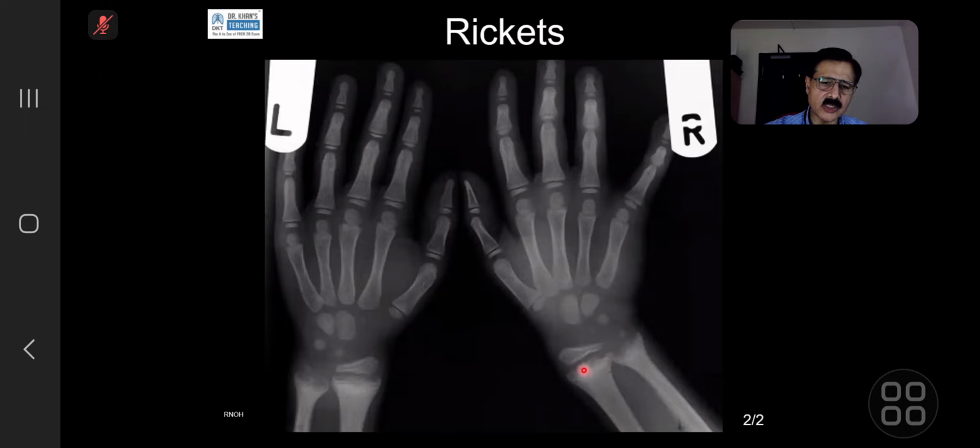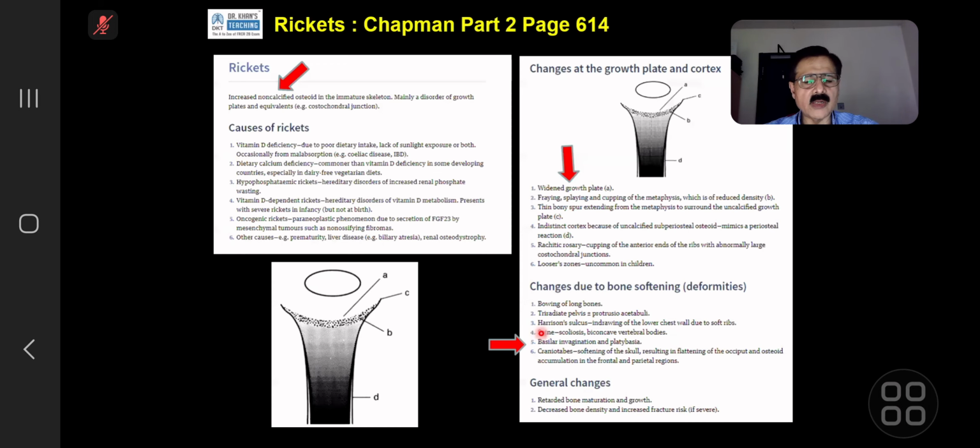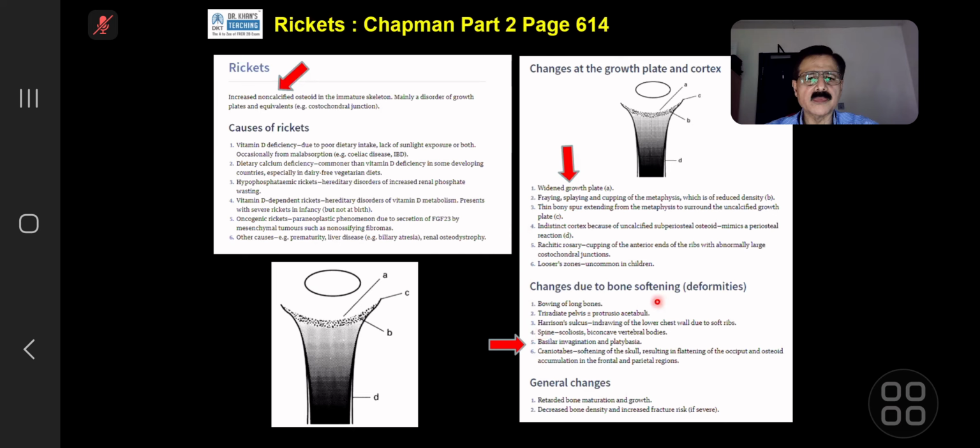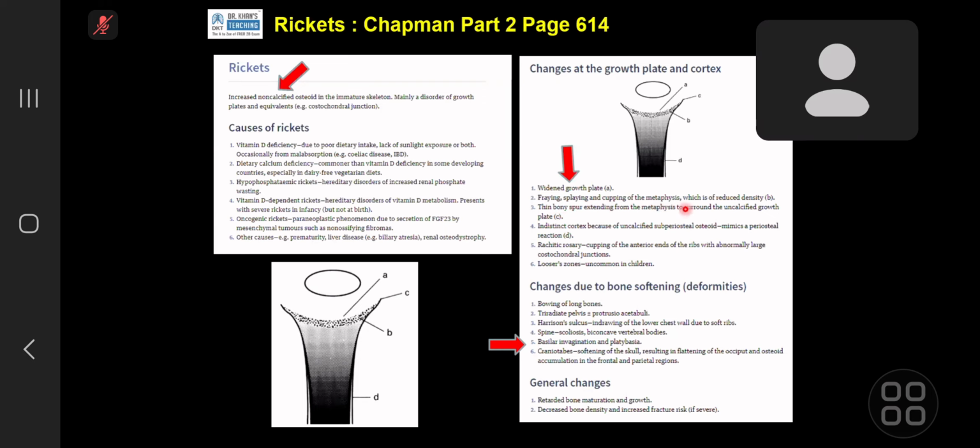Because there is no calcium, what will happen? As the candidate very well pointed out, look at these words: there will be widening of the growth plate. Then, splaying and cupping of the metaphysis, which is also of reduced density.